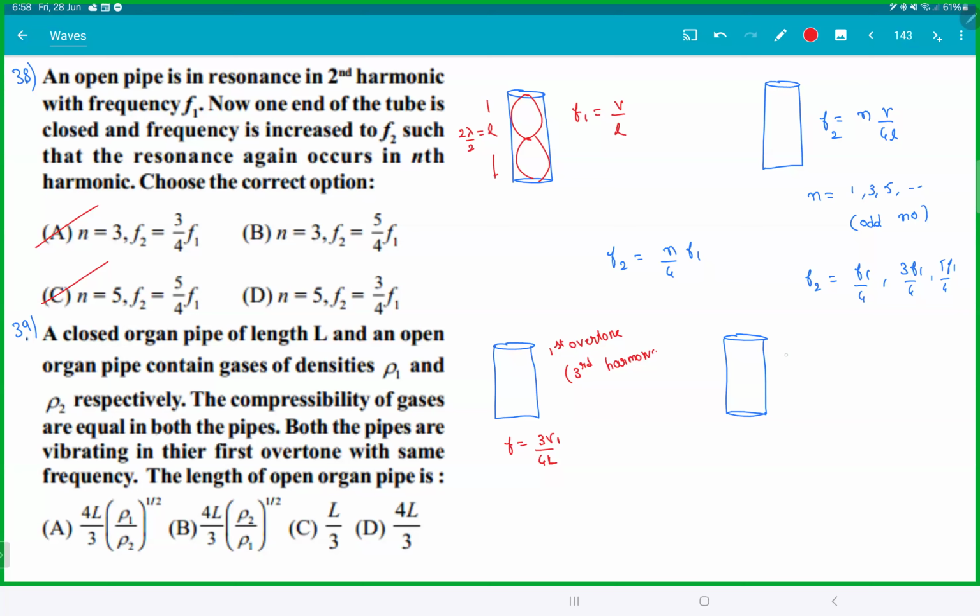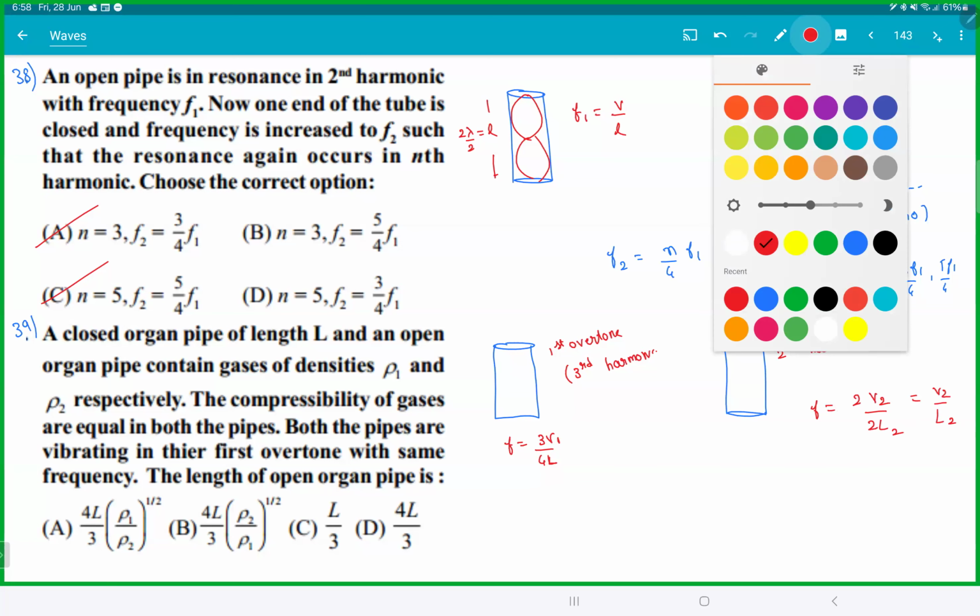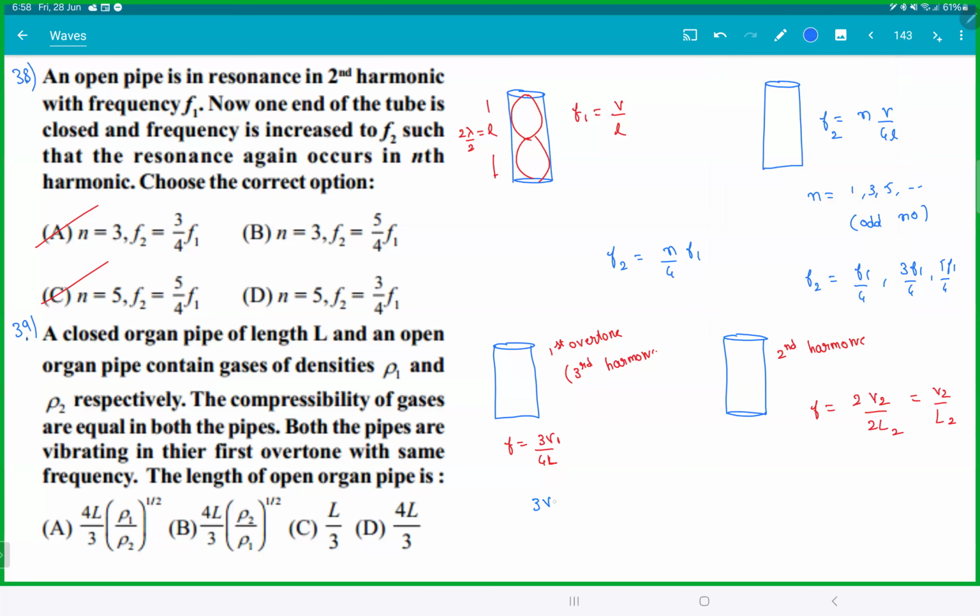The first overtone is the second harmonic, so the frequency will be 2V2 by 2L. This length I don't know. If I equate them, you end up with 3V1 by 4L is V2 by L2. So I get L2 is equal to 4V2 by 3V1 into L. And we know V is nothing but root over bulk modulus per rho.